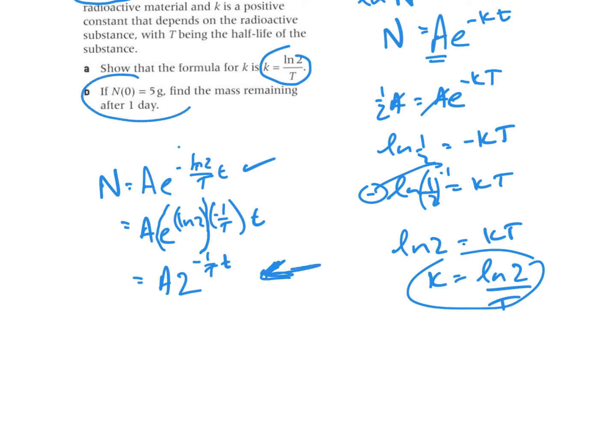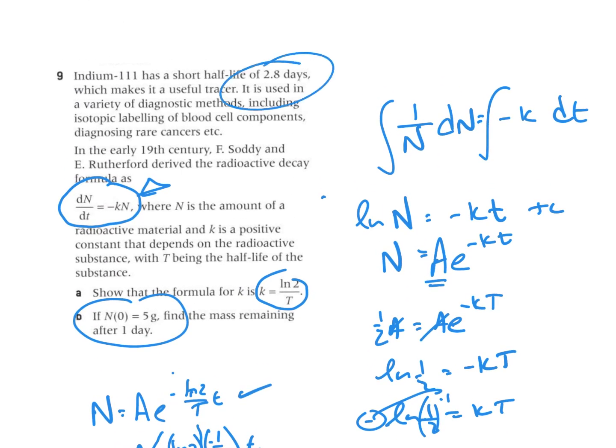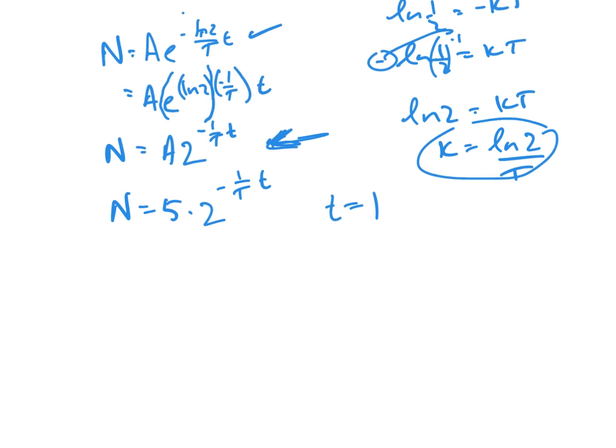So I'll use this form here because I've not used it in previous examples. I'm told that when my time is 0, my initial amount is 5. That means my initial value is 5. So n is equal to 5 times 2 to the negative 1 over capital T times little t. If I want to find after 1 day, I let little t equal 1, assuming it is days because the half-life is in days. I didn't notice it mentioned anywhere else, so I'm assuming t is in days.